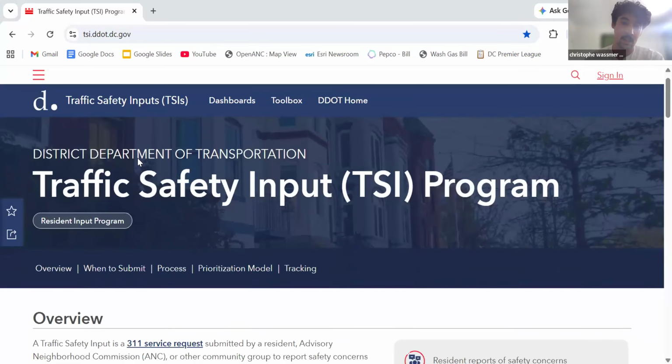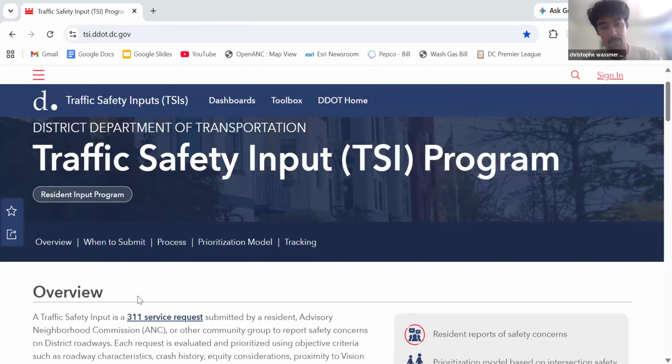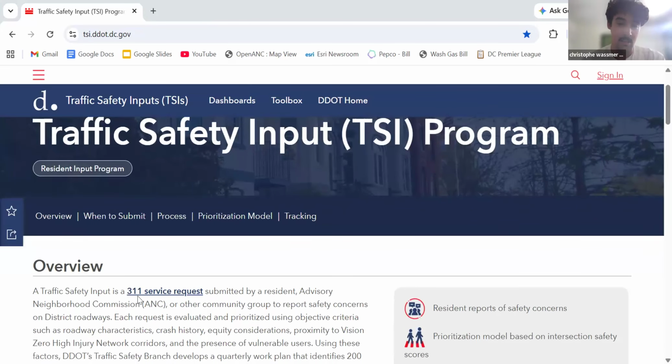It is a public feedback program that allows anyone in the public, ANC reps, community groups, residents, and council members to submit a traffic safety concern.